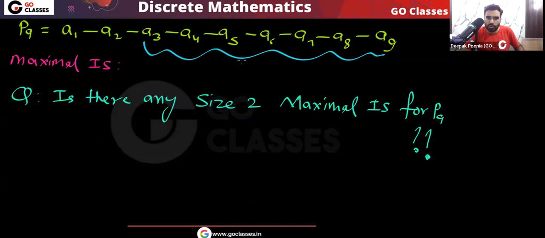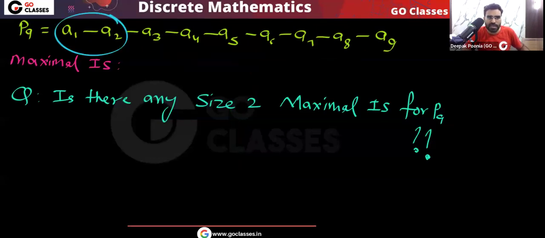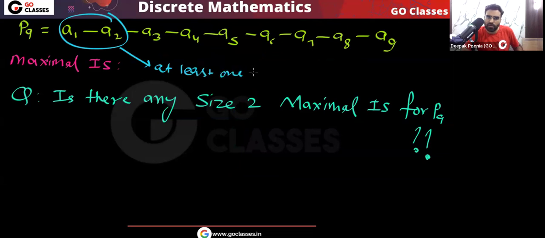So if you create an independent set that way, it is not maximal. Therefore at least one of these two I need to take.